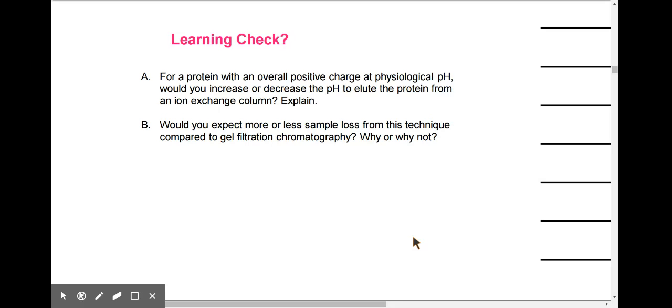So what would we do to get a species that has an overall positive charge at physiological pH to have neutral charges? What group do we have to affect? Because you know that the carboxyl group has what kind of charge on it? Yeah, the carboxylate group is negatively charged at this pH, right? And so what other group do we have to pull a proton off of?